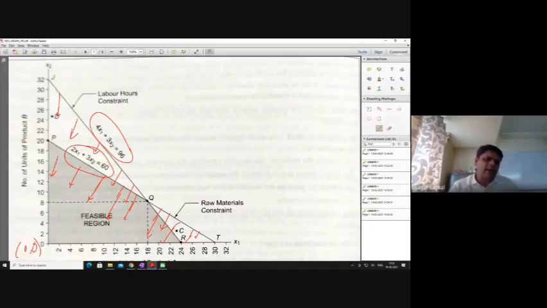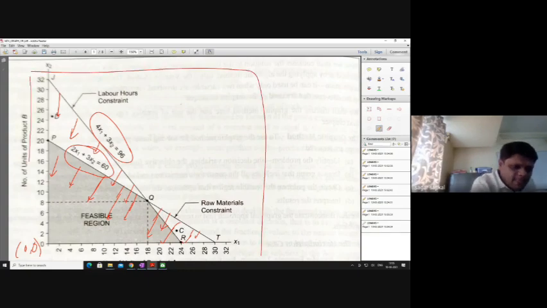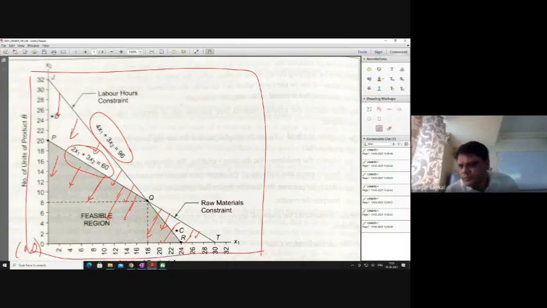Now you have to see that by all these lines, whatever points are there on x1, x2 as well as in between, in the region. We are observing in this direction.